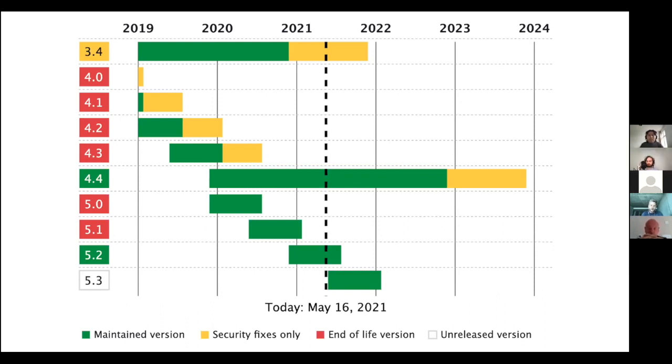And you can also see here, this was changed in Symfony version 5, that the maintenance time period for a non-LTS release was reduced. It's only 6 months now, and you will only get 6 months of bug and security fixes in the 5.3 release.